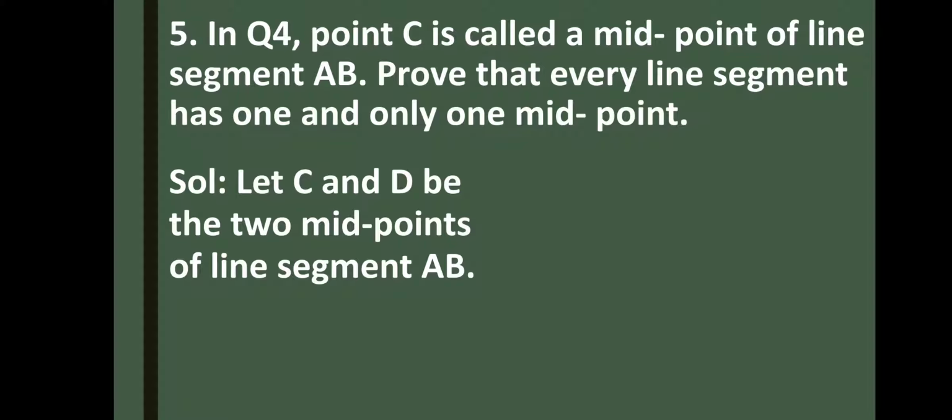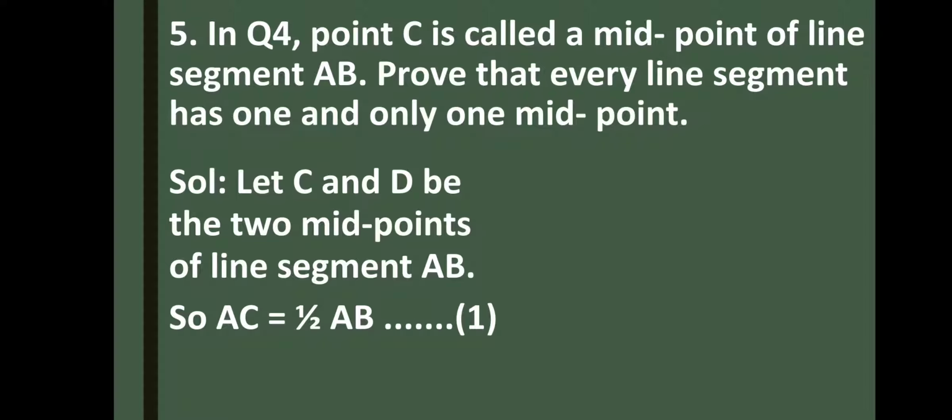Now we are considering that instead of one, there are two midpoints for a given segment. If C and D are the midpoints, then we may write AC is equal to half of AB. Okay, this is equation 1.